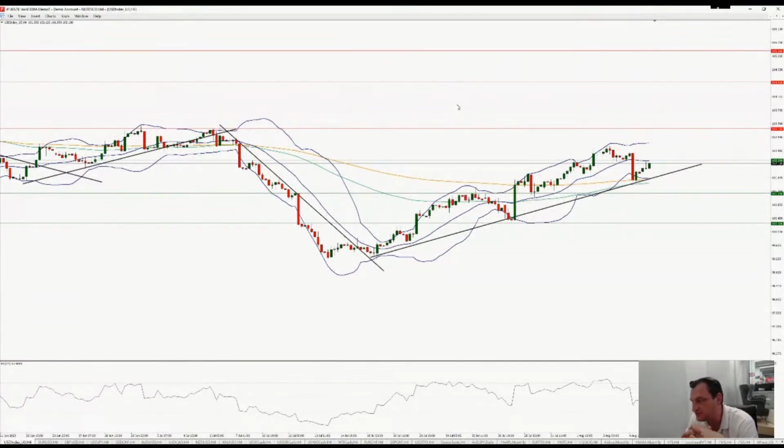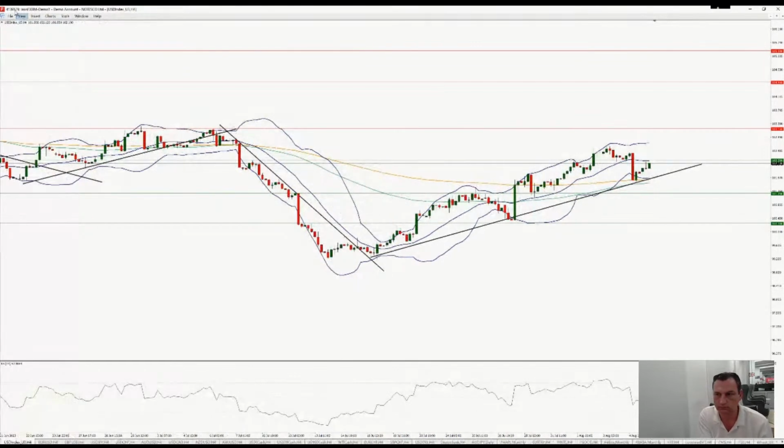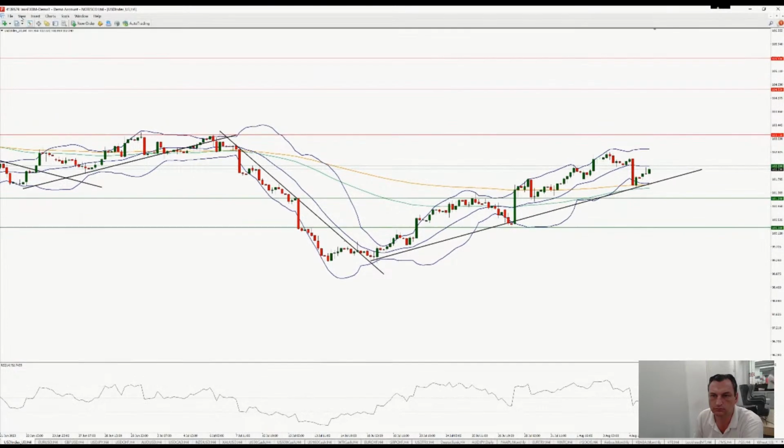In front of your screens, you have the US dollar index. It's the 4-hour chart. Please allow me to add practically a label here. Let's start adding toolbars on the chart, slowly but steadily.